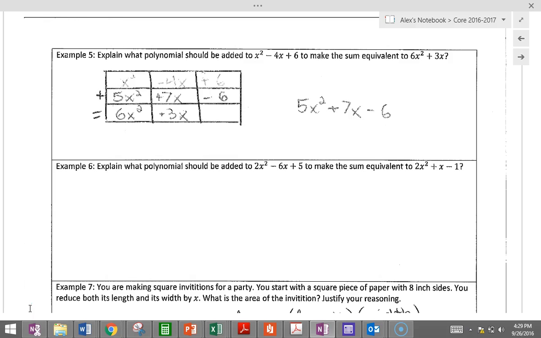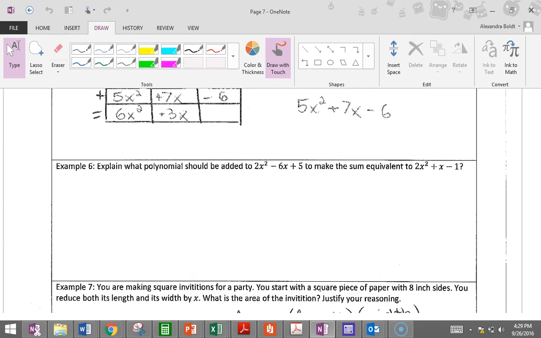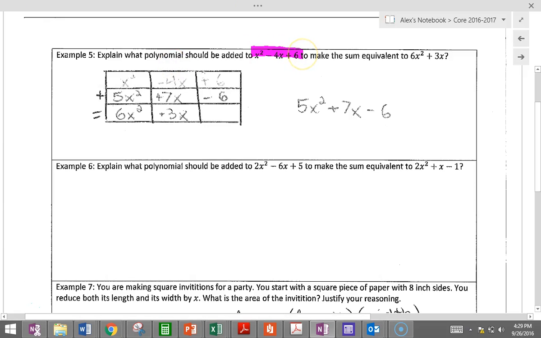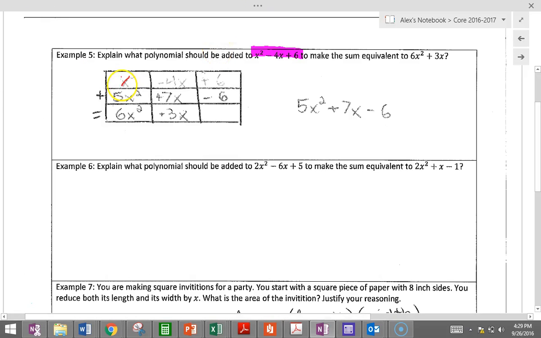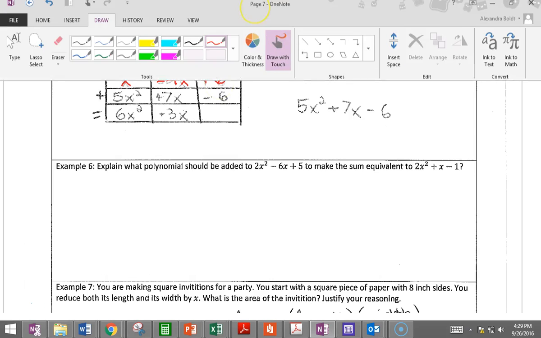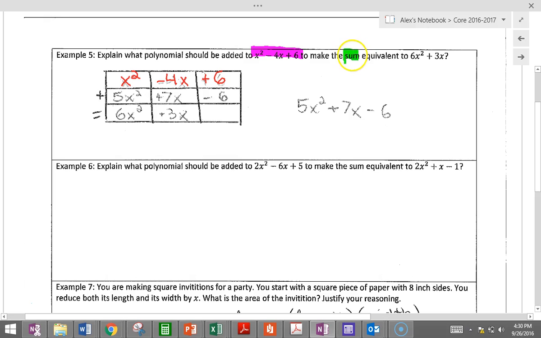We have that box, right? 3 by 3. We have our first polynomial, x squared minus 4x plus 6. And then the sum, where it says sum, that actually means your answer.